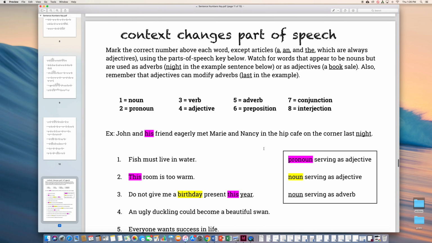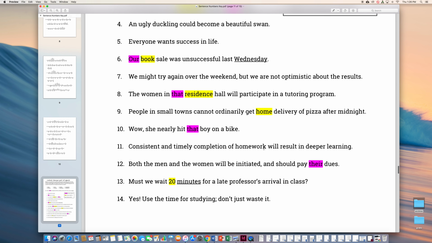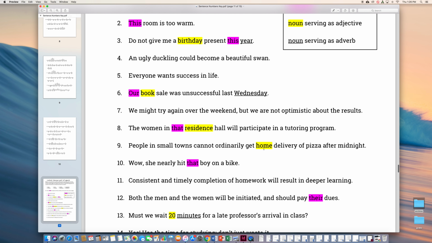Pronouns like his, this, our, that can sometimes serve as adjectives, and all of these pink ones are doing just that. So when you go through and do your numbering of parts of speech, things that look like pronouns sometimes are serving as an adjective, and we want to call those adjectives.